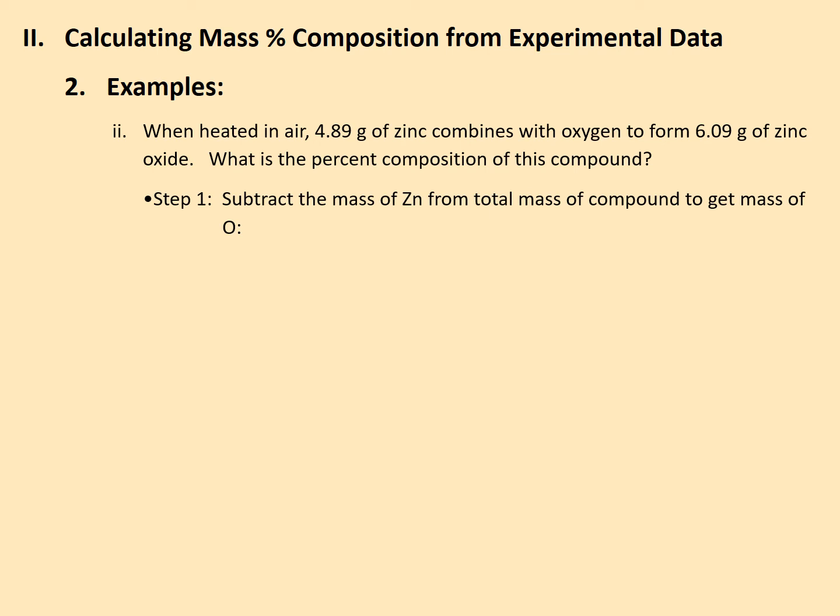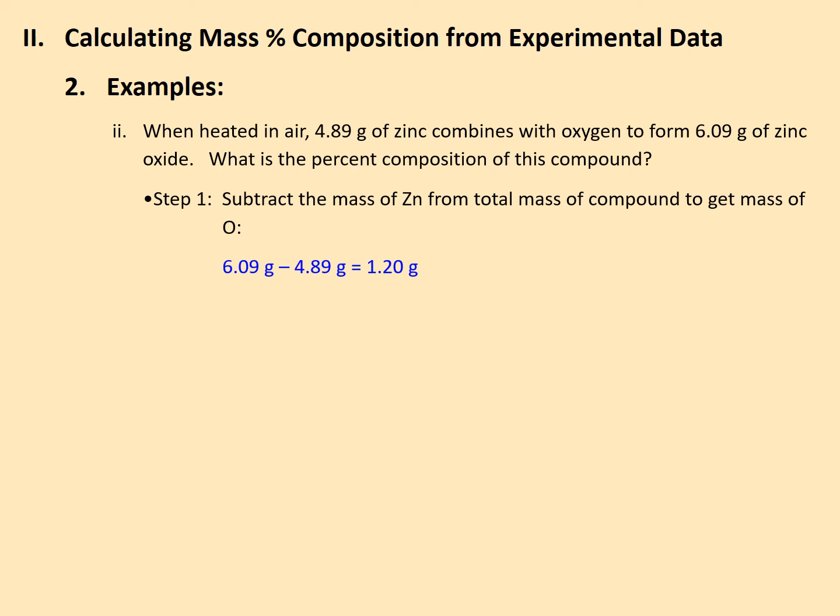So we're going to need to find the mass of the other element, which is oxygen. We can simply find the mass by difference here. We subtract the mass of the zinc from the total mass of the compound to get the mass of just the oxygen. When we do the number crunching, we get 1.20 grams.